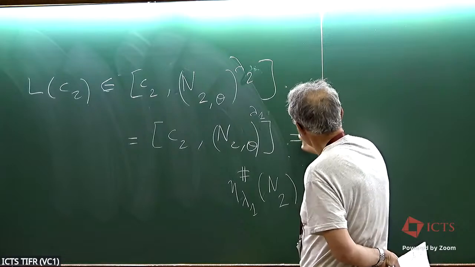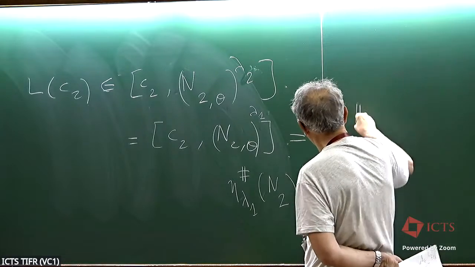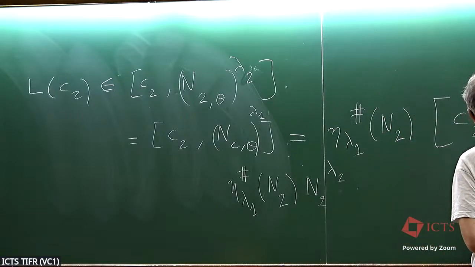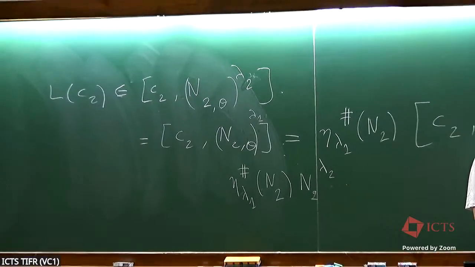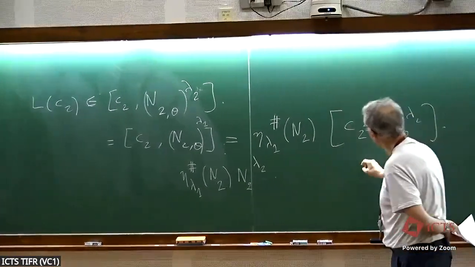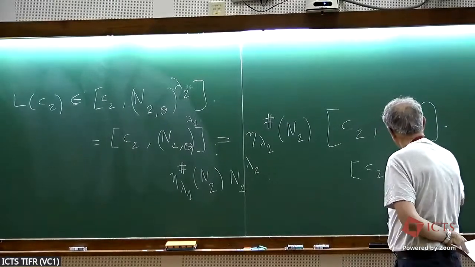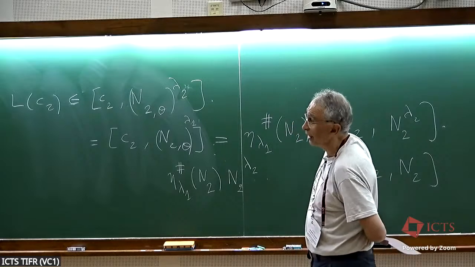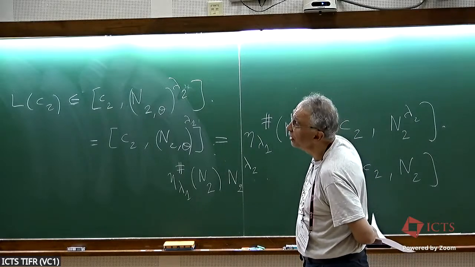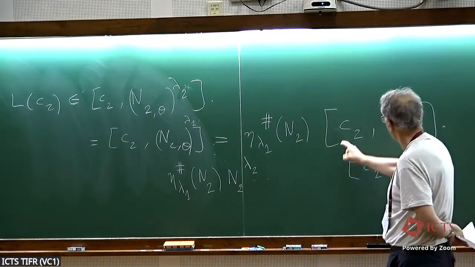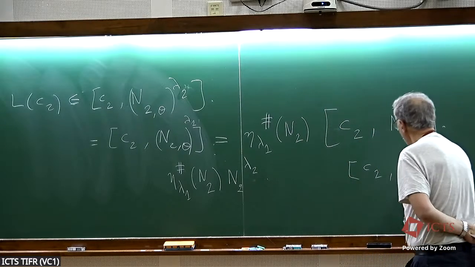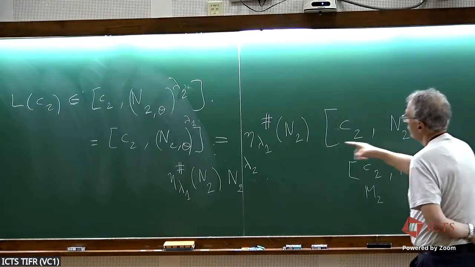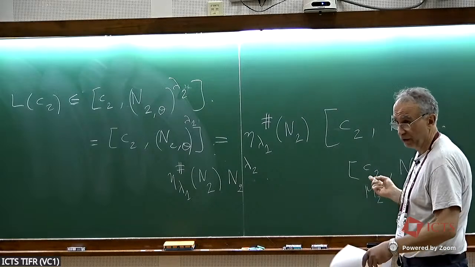So this is eta lambda 1 sharp of N2 multiplied by C2 paired with something in N2 lambda 2. But this N2 lambda 2 I can write as C2 N2, because the idempotent I can plug it in here, and it does not act on C2 because C2 is already in the 1 lambda 2 of M. And now we have something in N2 and something in M2. So this is an integer. So this is divisible by this quantity. And that's it.